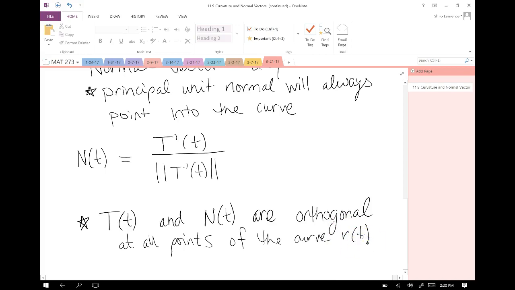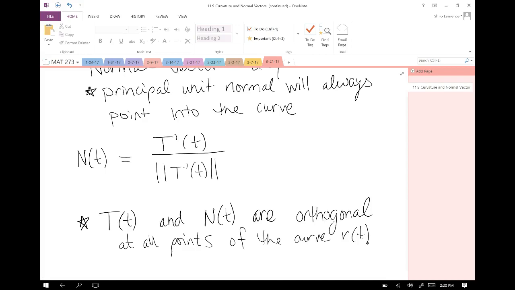T of t and N of t are orthogonal at all points of the curve r of t. They're always going to be at a 90-degree angle. How did we prove it? Back at the beginning of the semester, we were able to prove that two things were at a 90-degree angle.